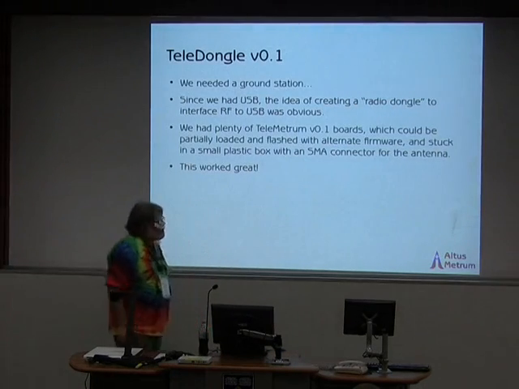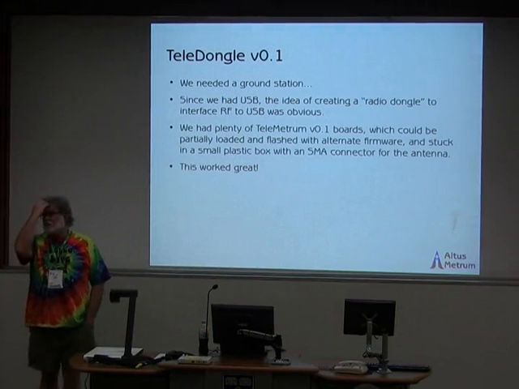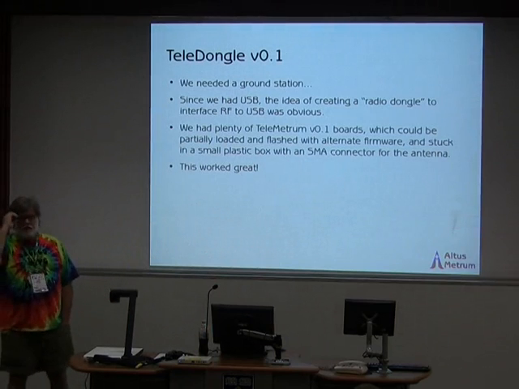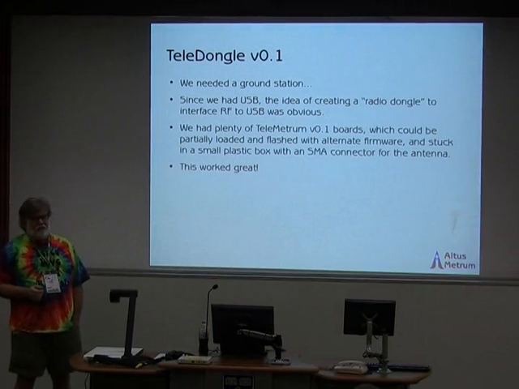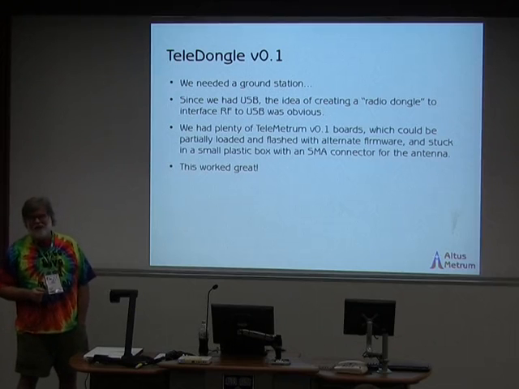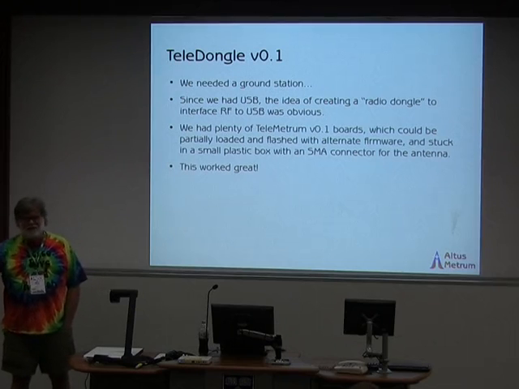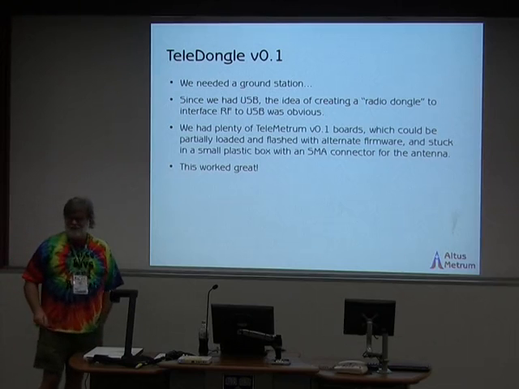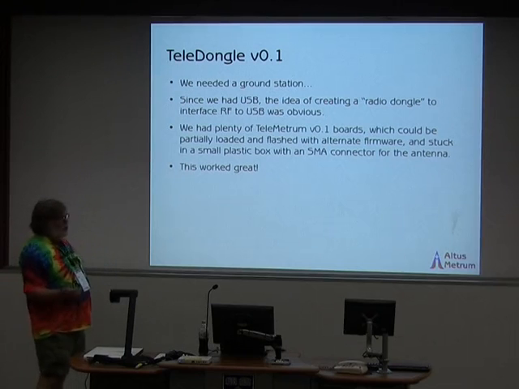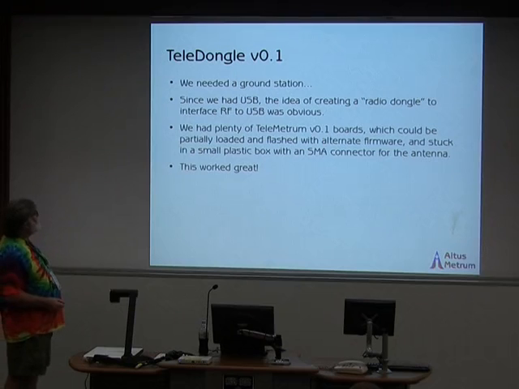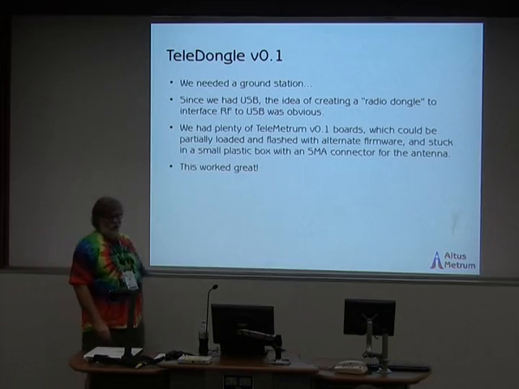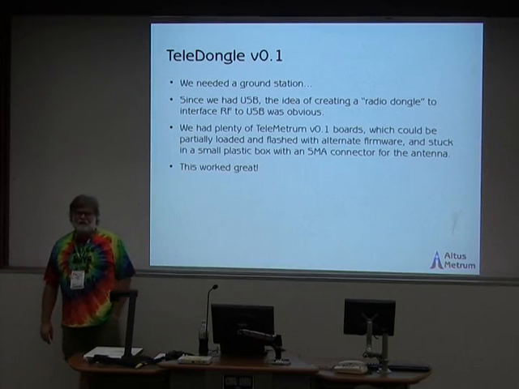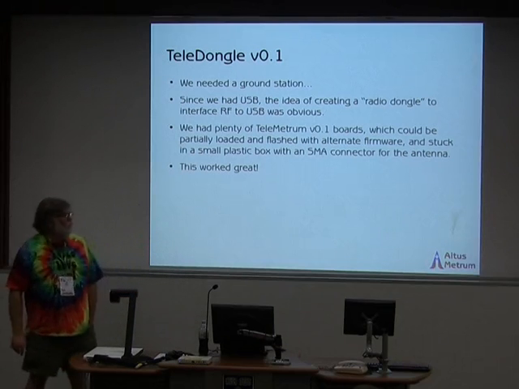And then in order to actually have this be useful, we had to be able to receive that as well, right? Because 38.4 kilobit Gaussian frequency shift keying is not something that you could just go to your local ham radio store, if those even still exist anywhere in the world, and buy a device for. But hey, we had plenty of these VO.1 circuit boards, and the CC1111 is a transceiver, so it'll receive just fine too.